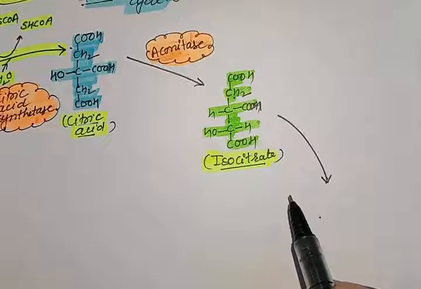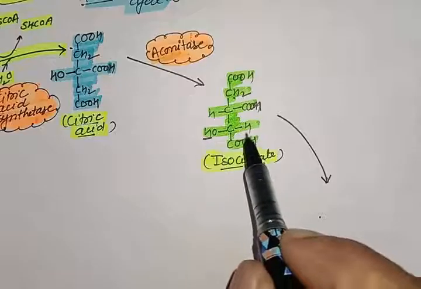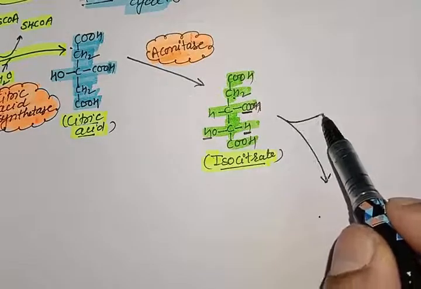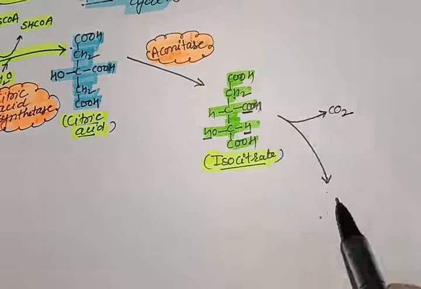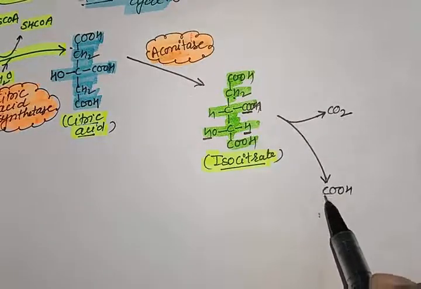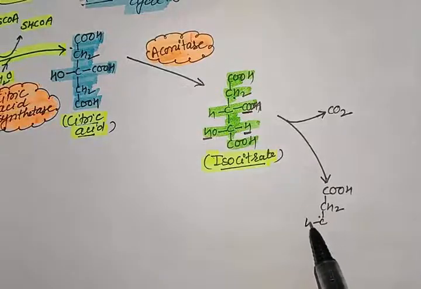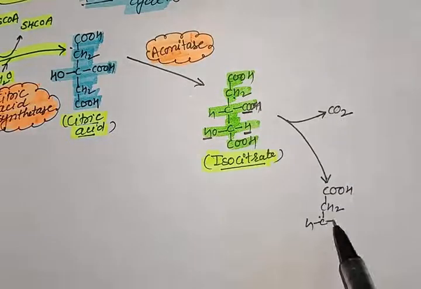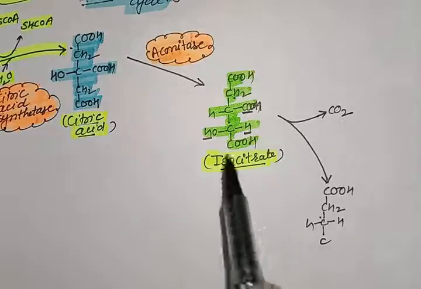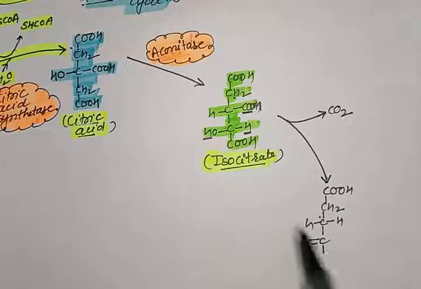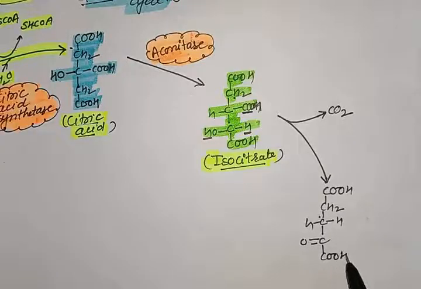This isocitrate in the next step then forms alpha ketoglutaric acid by the removal of these two hydrogen and by the removal of this CO2. So here CO2 is removed. This will become COOH. Then after this is CH2. After that this is CH and this CO2 is removed. This will become H. In this case H and H are removed, so it will form double bond O, and finally we are having COOH.